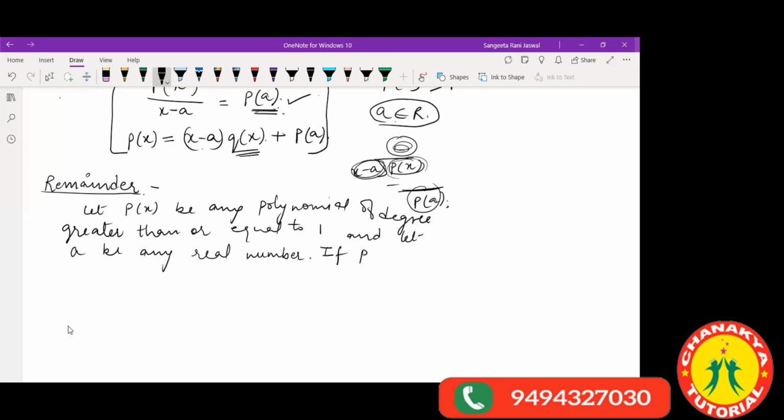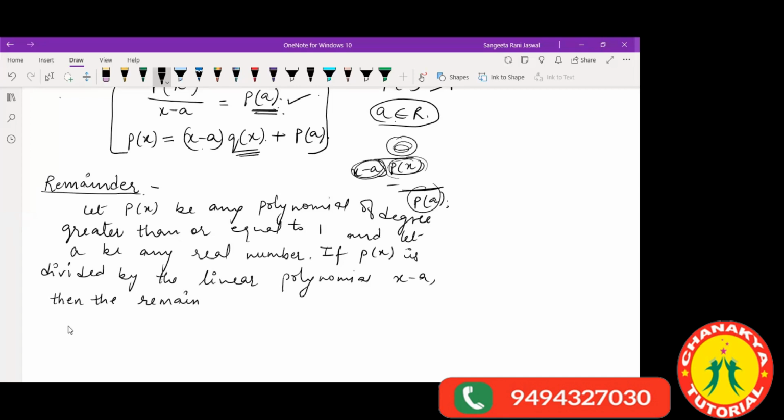If p(x) is divided by the linear polynomial x minus a, then the remainder is p(a). Okay, this is the remainder theorem.